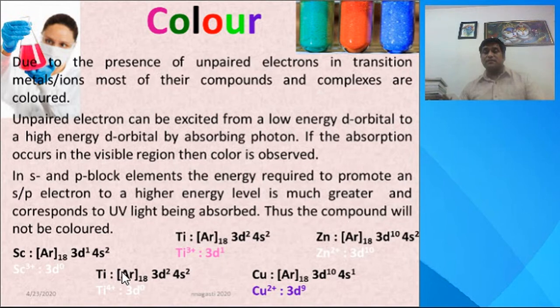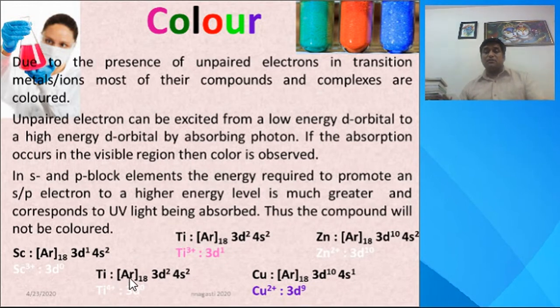Similarly, titanium. Electronic configuration, outermost is 3d2 and 4s2. So if all the 4 electrons are lost, then titanium is in 4 plus oxidation state, so 3d0. Since no electron is there in the d orbital, this titanium 4 plus ion is going to be colorless.